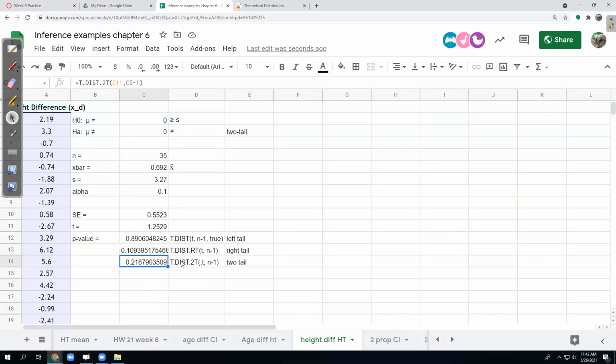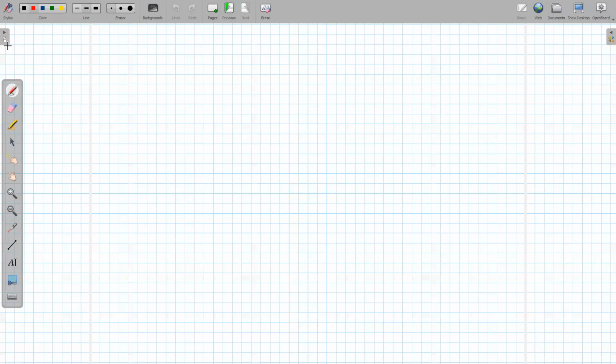I want to think about whether this makes sense. So I have a t-score of 0.1259. So remember, a t-score is a count of standard deviations from the mean. So in a picture, let's draw what we get going on to make sure this all makes sense. So we have mean difference in height.